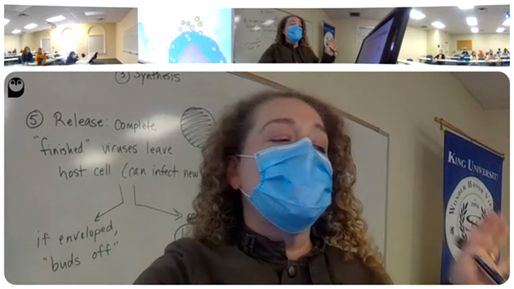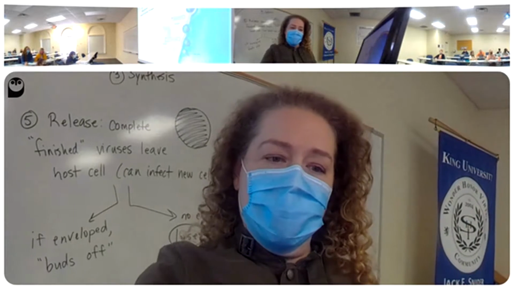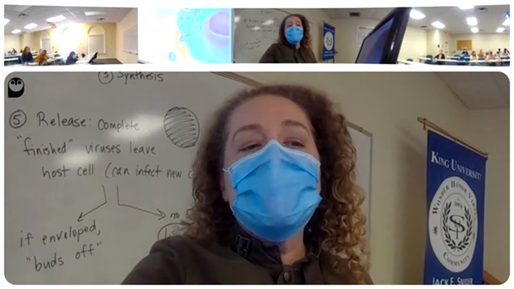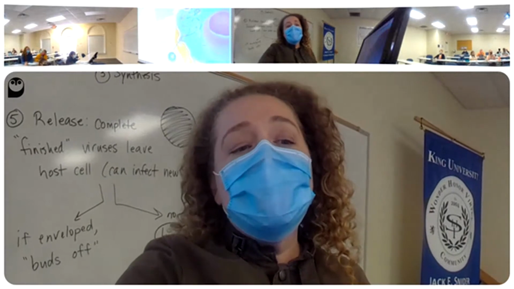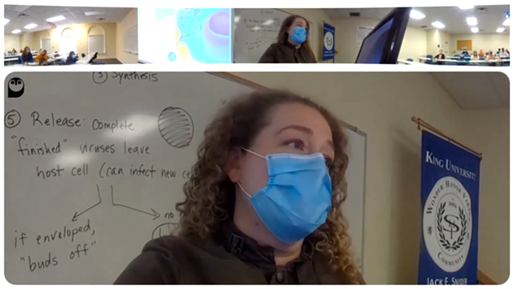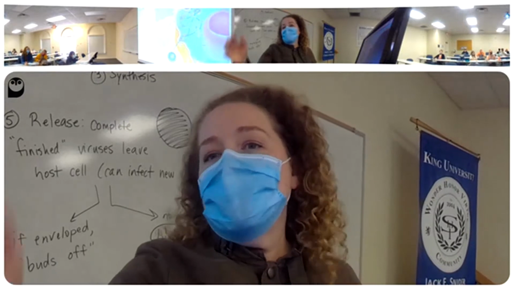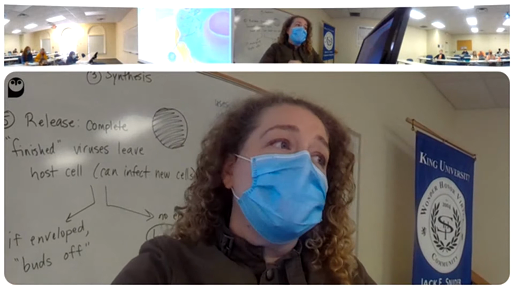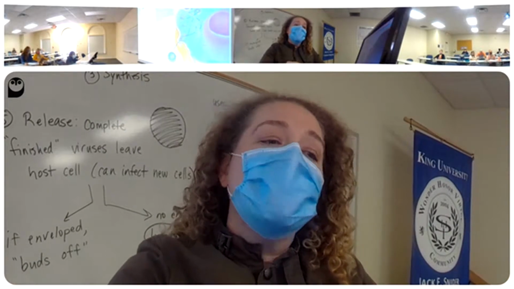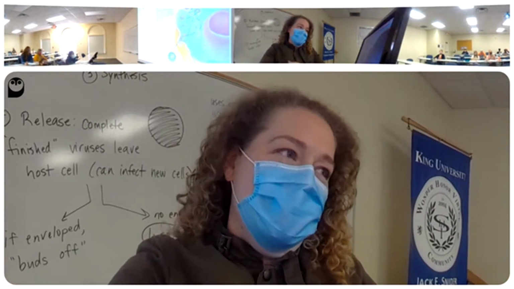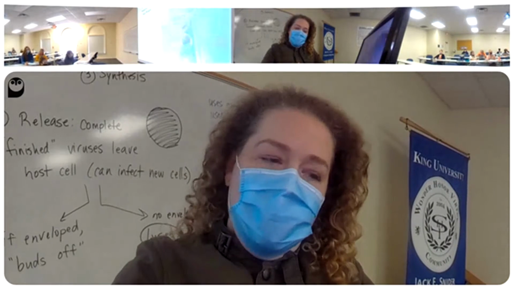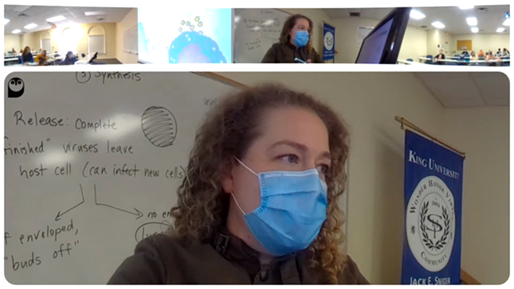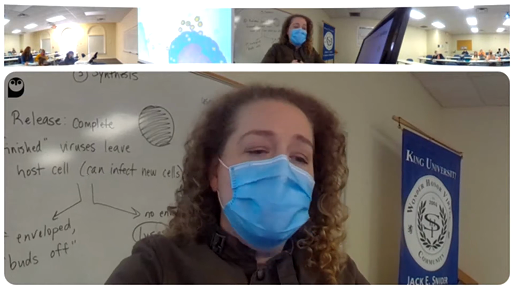The host cell makes the spikes, and then the host machinery sends them out here. Like Jackie, we'll talk about that in cell biology, how that happens, but the spikes are viral spikes. The host makes them and sends them out there, and then they're ready for when the virus is going to leave. Did that answer what you meant? Yeah.